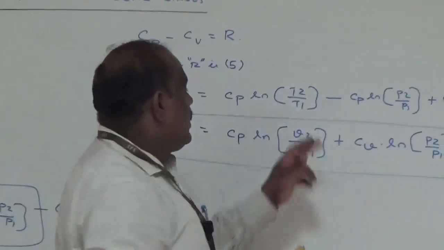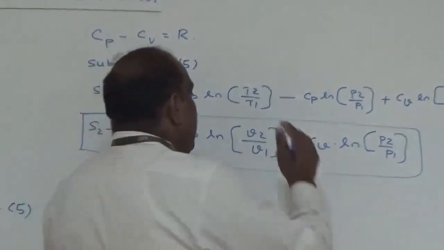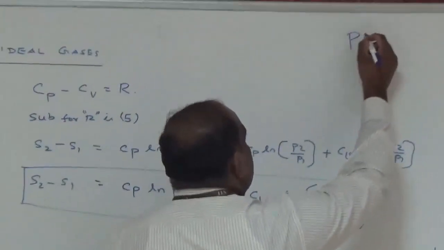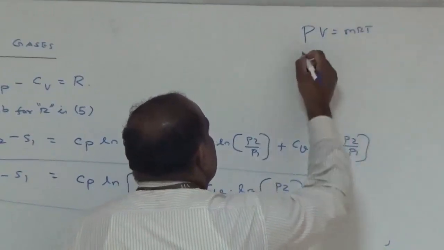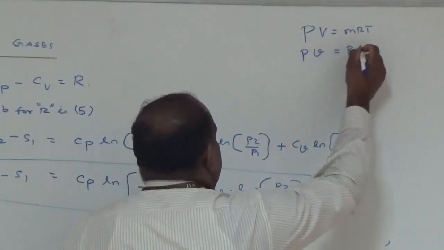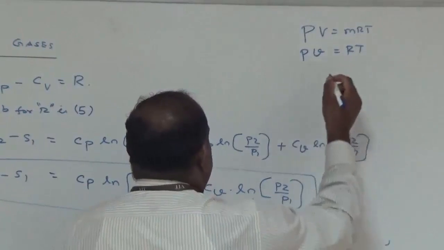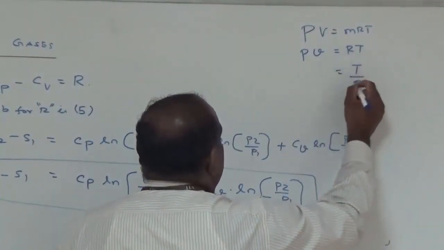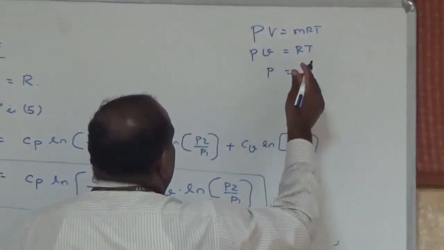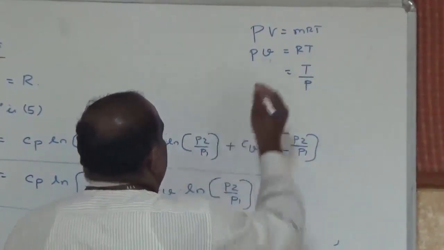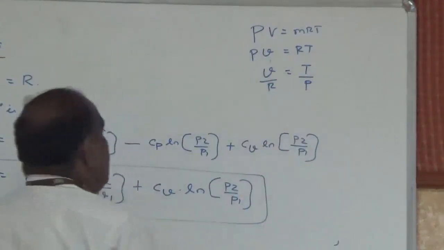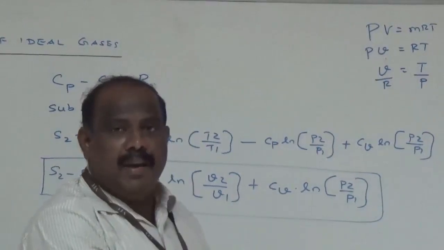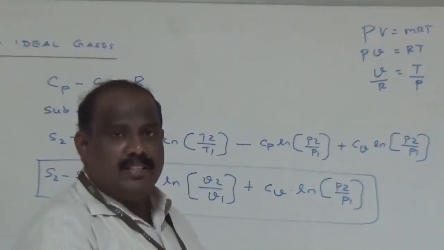How did I get this relationship? Once again from the ideal gas equation. PV equal to mRT, so it is P into small v equal to RT. I want T by P, so T by P will be equal to V by R. So T2 by P2 will become V2 by R. Similarly, because the same gas is expanding, there is no need of putting R2, because it is the same gas.